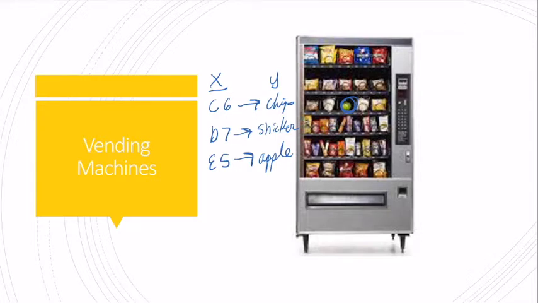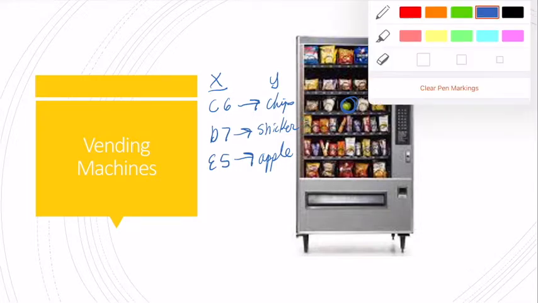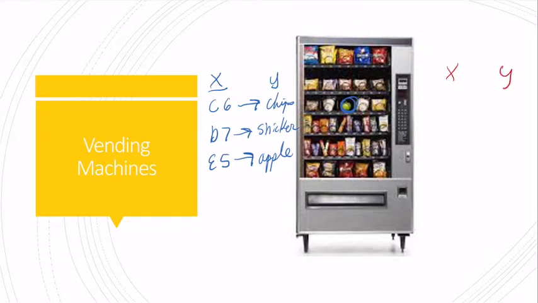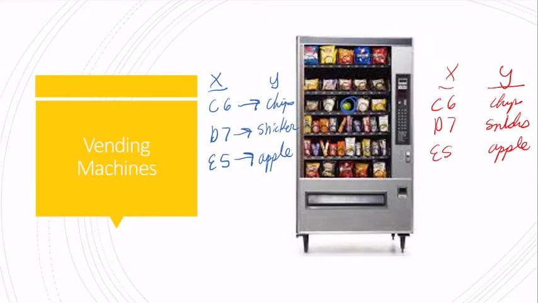And this functions. If I was to have a vending machine, we'll make this an evil vending machine. We'll draw it in red. If I had a vending machine where D7 went to chips and D7 went to Snickers, when you push D7, what do you think happens?